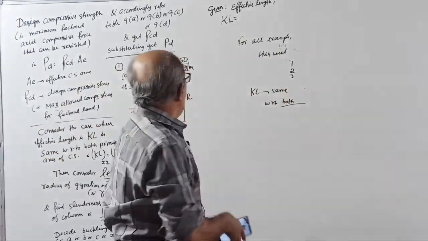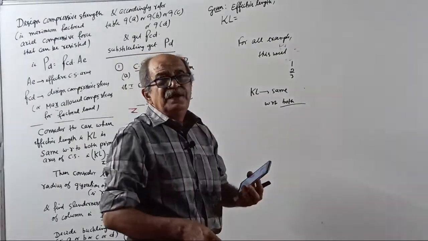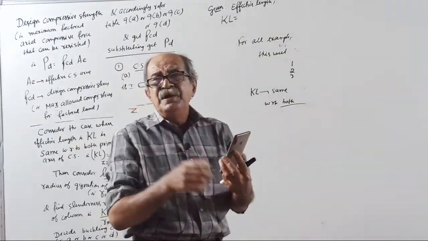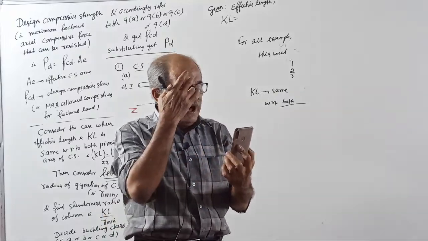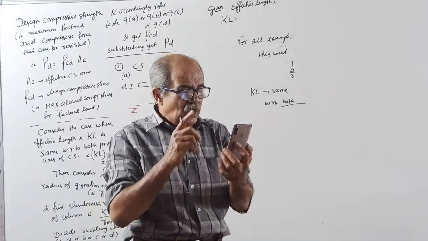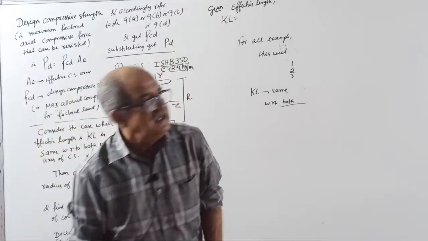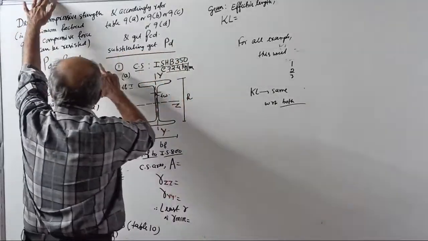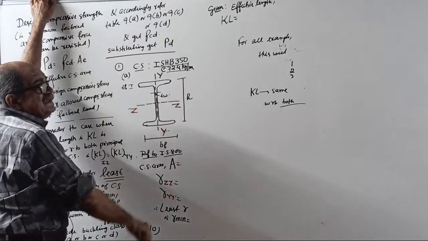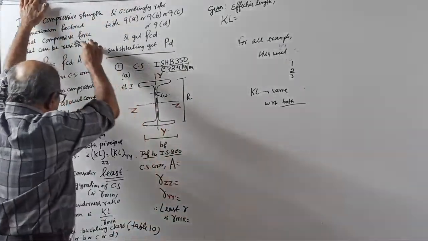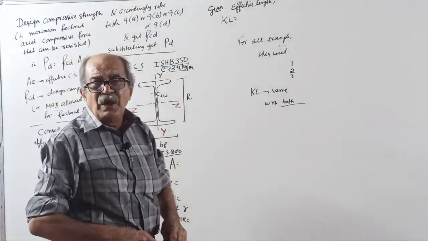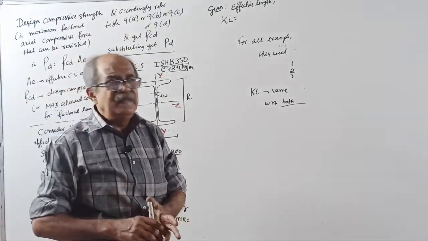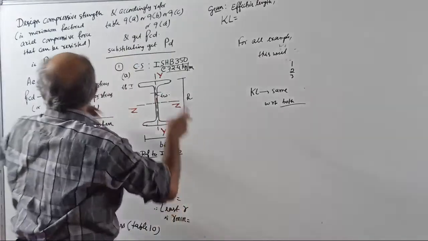So in all the examples now, the effective length given is the same with respect to both principal axes. Okay, start. Now, this all we discussed. Remember, 3 days we discussed all these principles, every concept is considered. Now, brief procedure.